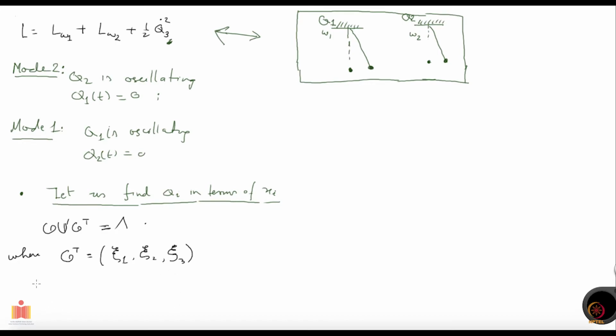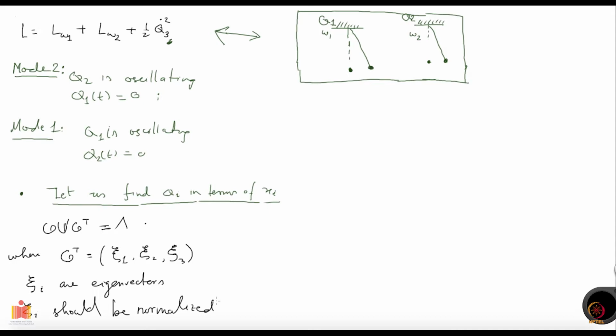And as we talked some time back, these are eigenvectors. Also remember that the xi i's should be normalized. You see, when you solve the eigenvalue equation, you get eigenvectors, but any multiple of the eigenvector is also an eigenvector with the same eigenvalue, right?